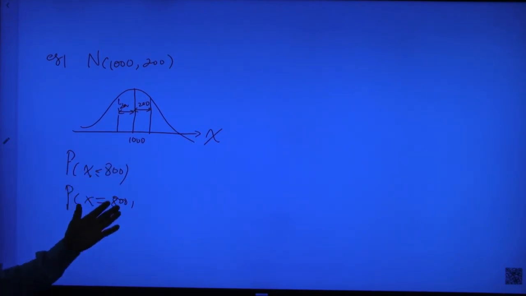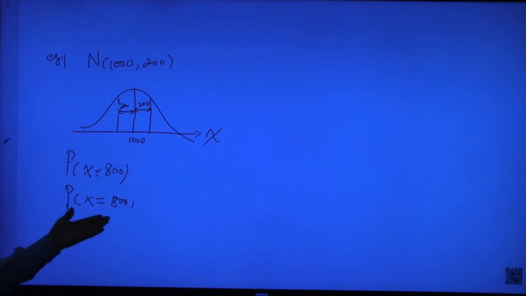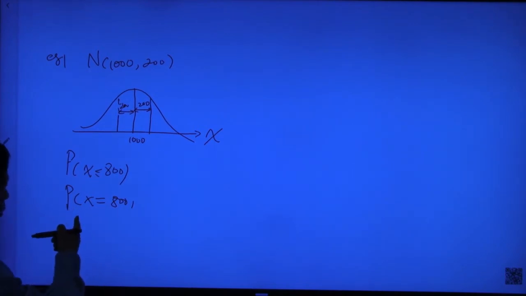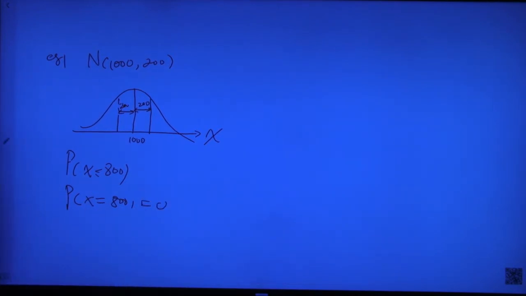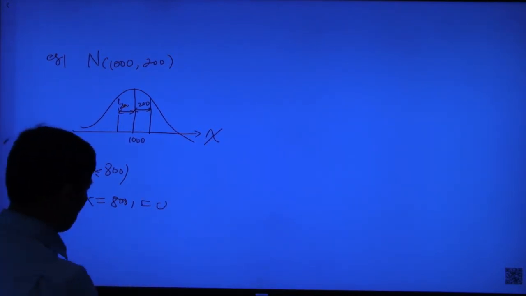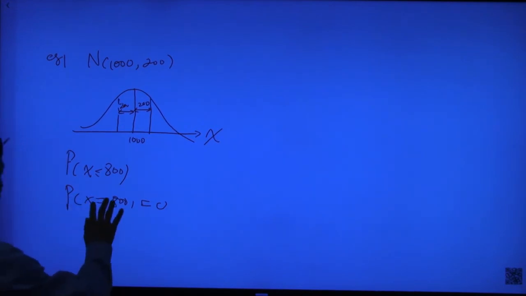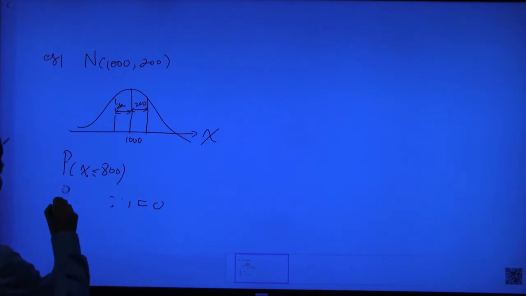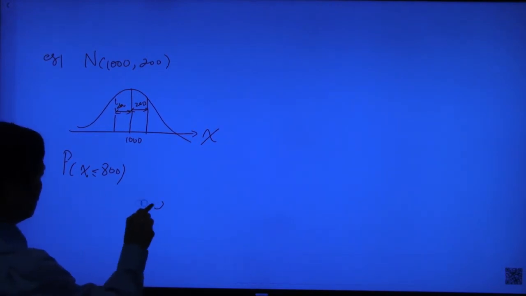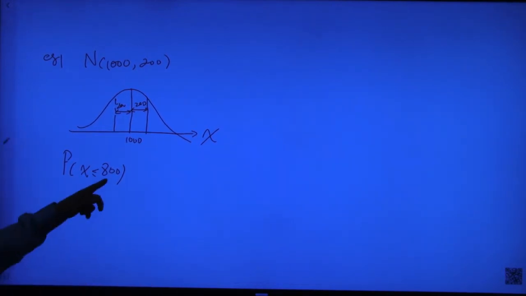So that rectangle has 0 width. That means the area equals 0. So the proportion for a particular data point exactly equal to 800 will be 0, because the area equals 0. That's why for less than 800 or less than or equal to 800, we have the same result.